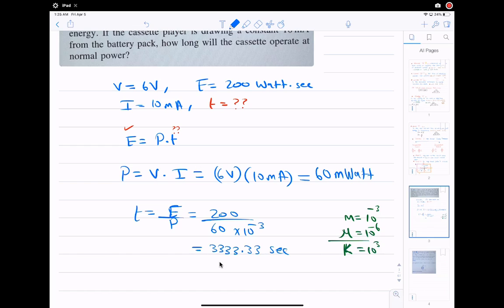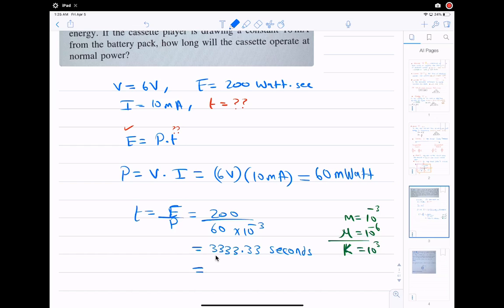Why seconds? Because he used the unit seconds for energy. Now if I have it in seconds, can I convert it to minutes, to have a more reasonable number? Because we would never have a number of 3000 seconds. We would have it either in minutes or in hours.